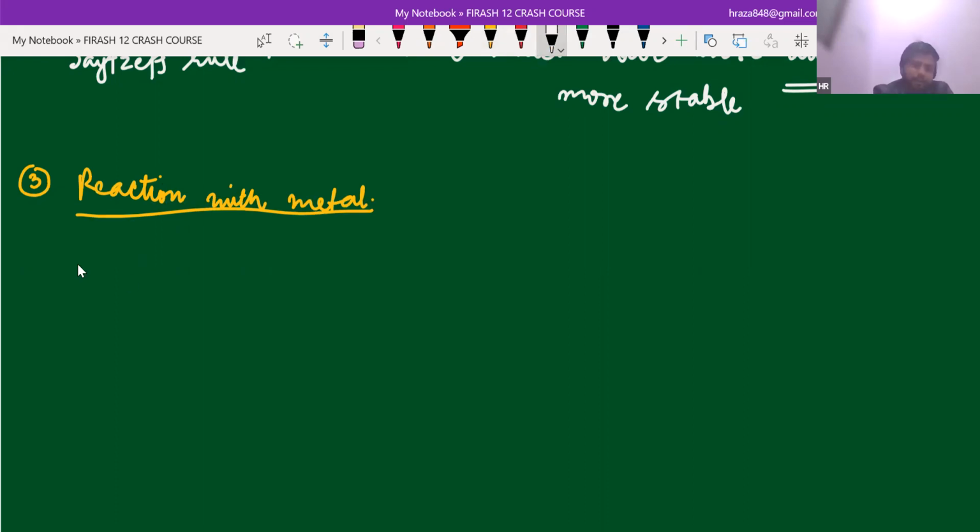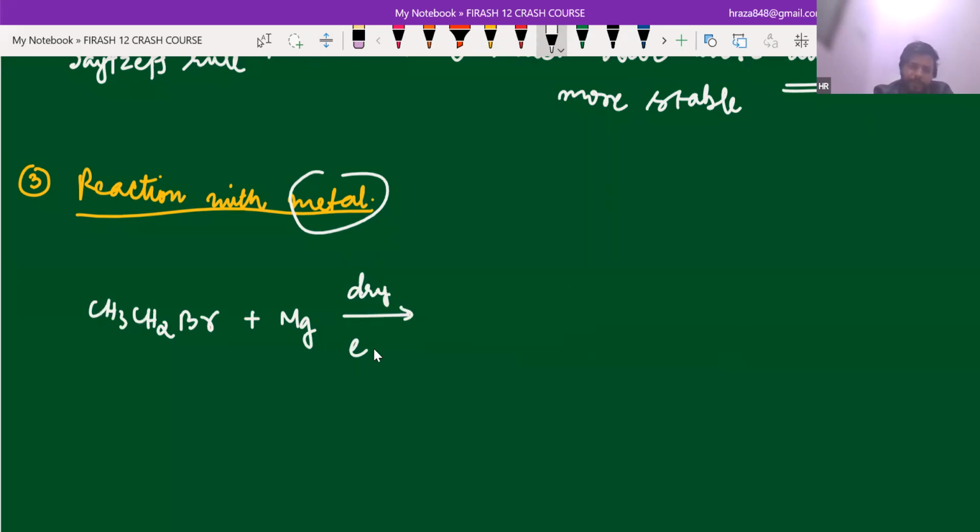This is your CH3, CH2, Br, a haloalkane, reacting with magnesium in the presence of dry ether. It will give CH3, CH2, MgBr. And this is a very famous reagent, that is Grignard reagent.